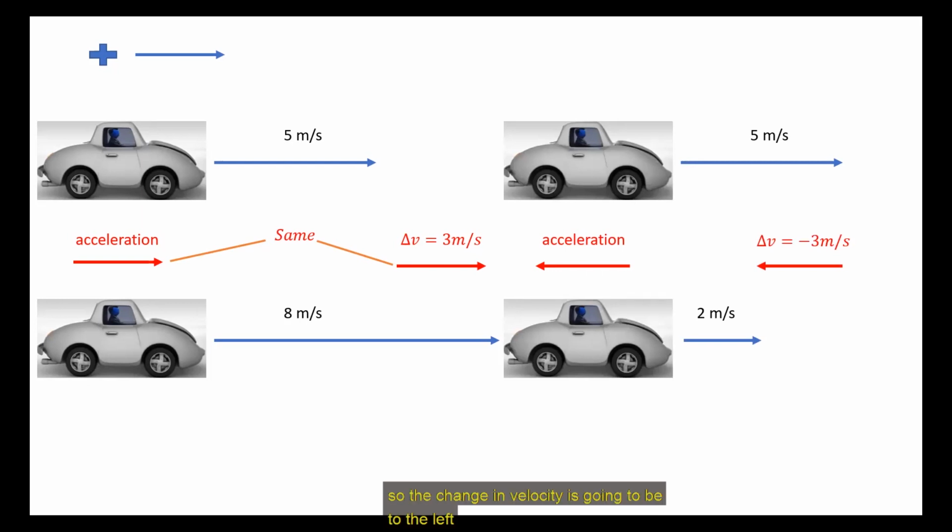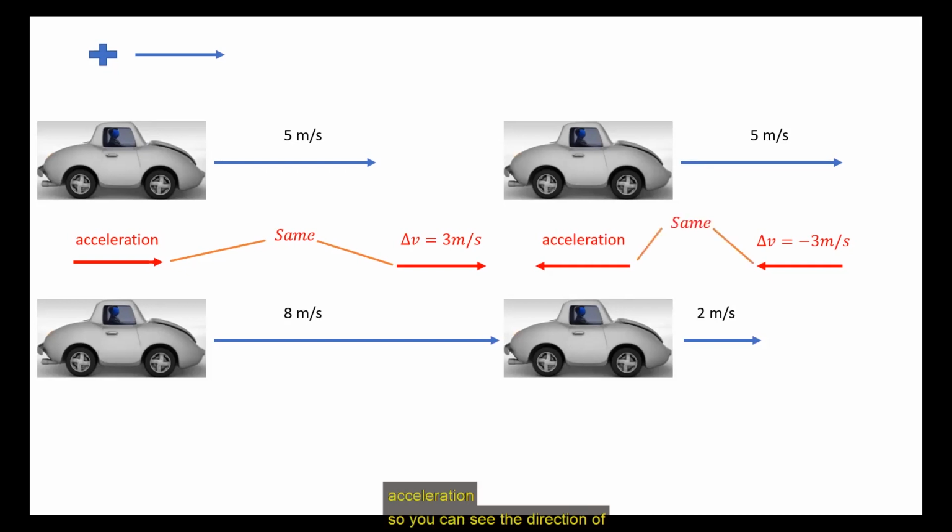So the change in velocity is to the left in this situation, which again is the same as the direction of acceleration. So you can see the direction of acceleration is always in the same direction as the change in velocity.